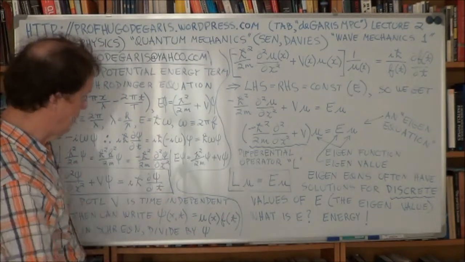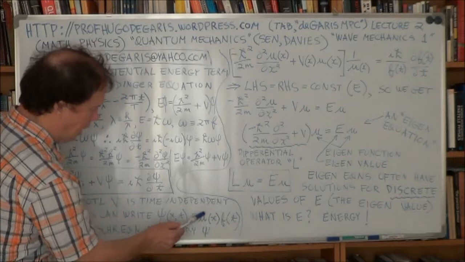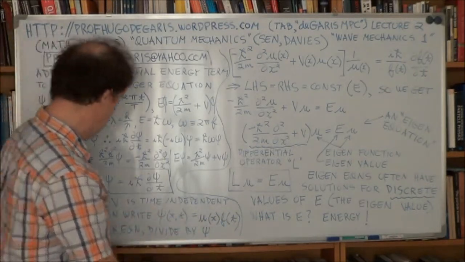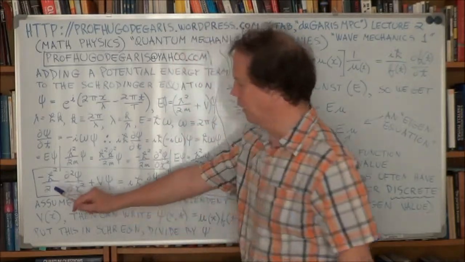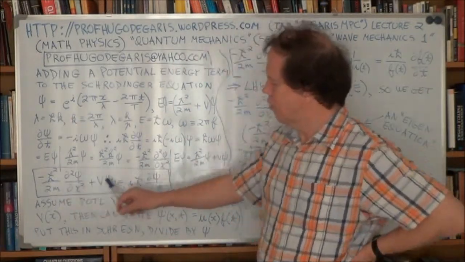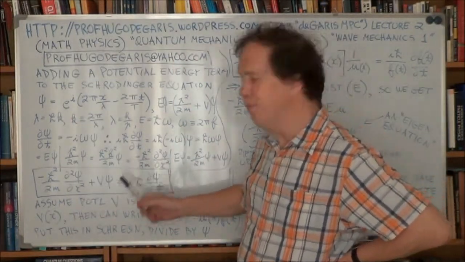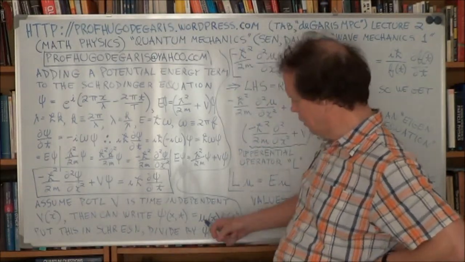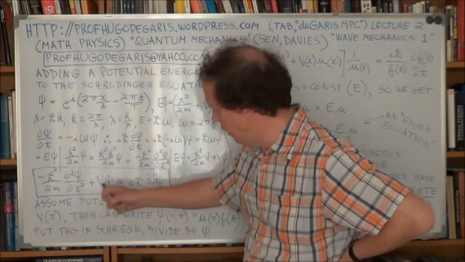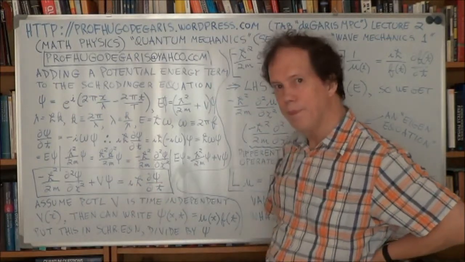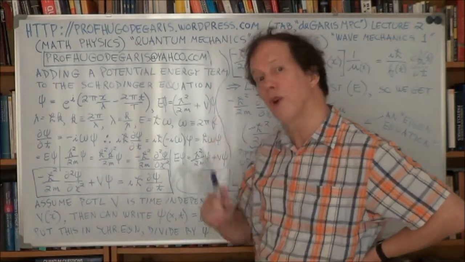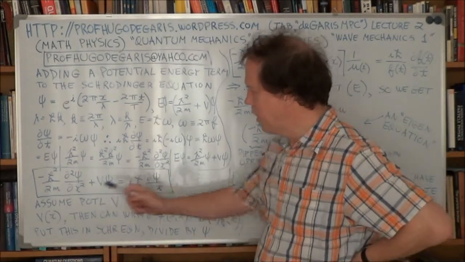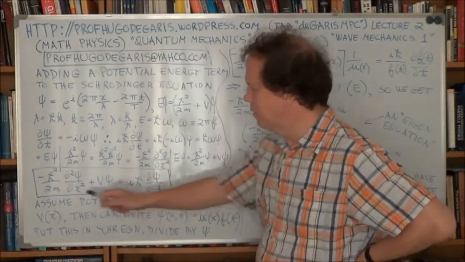All right. So take this product function, this u f, and plug it into the Schrödinger equation, our new form with the potential term v. Just take this u f and put it here, here, and here. Do it for homework, and get your result, and then divide left and right hand side.